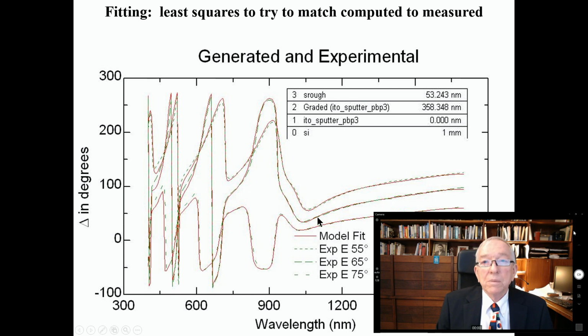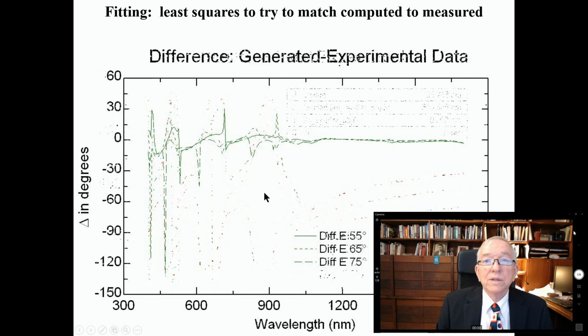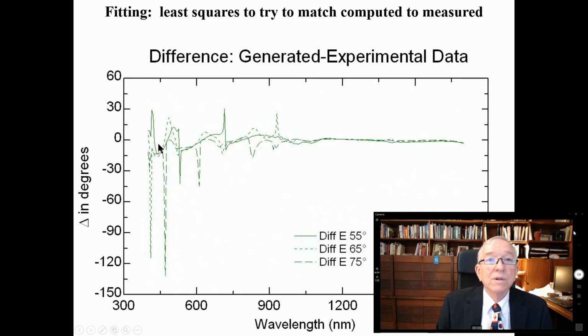And it's amazing that it does a pretty good match to these rather odd looking curves. And over here it's a little harder to see, but they're missing by a lot. And it's the same model, same process, and you can see that the measured and computed difference is way over the 100th of a degree or so, a few 500ths of a degree that we have for accuracy in the delta out of the instrument.